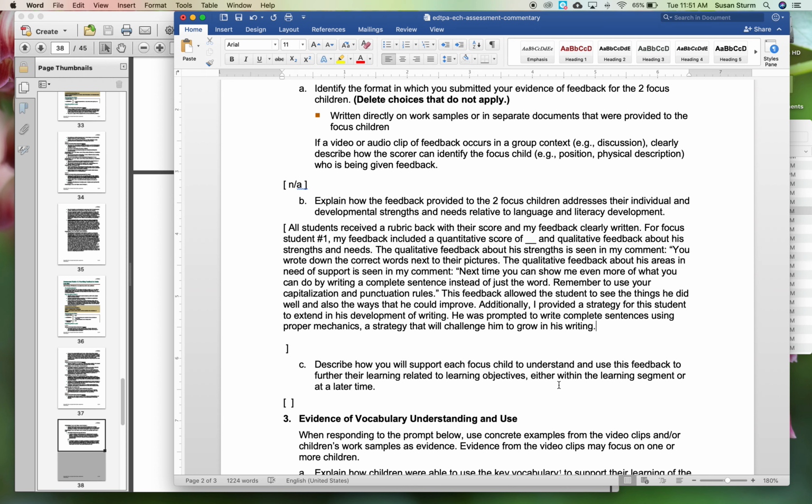So trying to connect explicitly back to that objective.